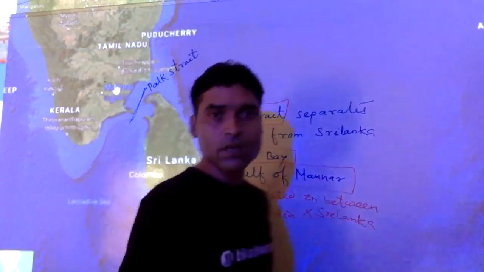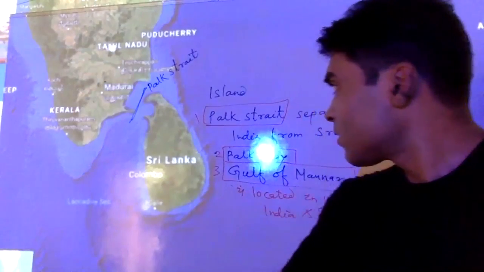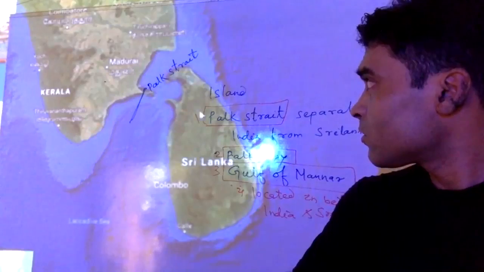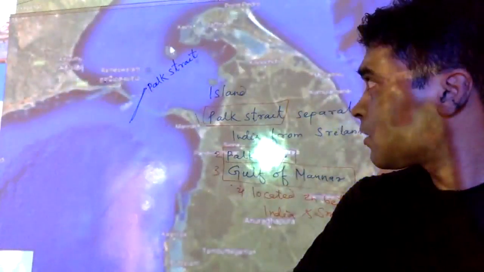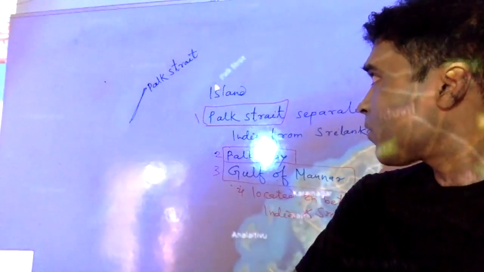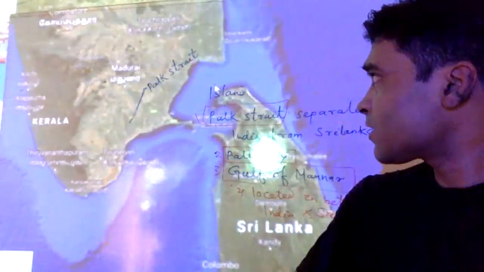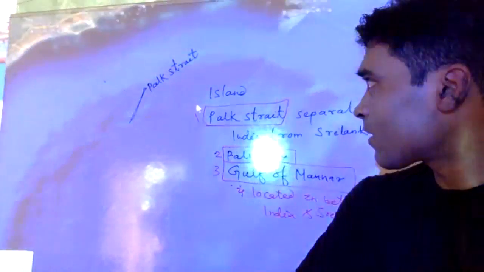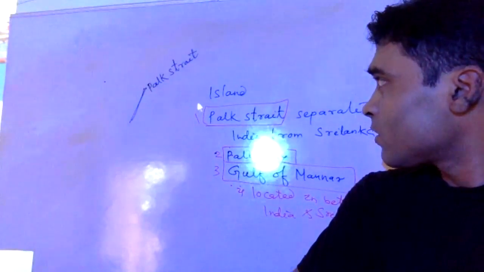So you can see here, suppose this is Sri Lanka, right? I have already told, here is the Palk Strait. So Palk Strait is in between India and Sri Lanka. And this is Gulf of Mannar. You can check it here, Gulf of Mannar.